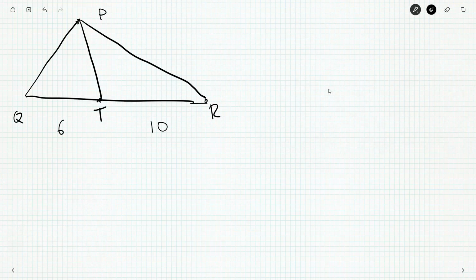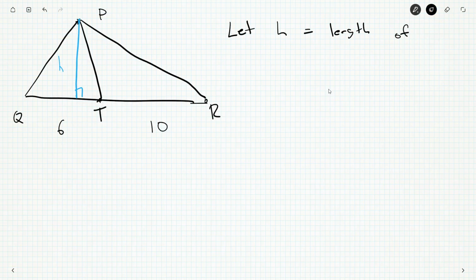It doesn't really matter what the height is, but we'll drop an altitude. Let h be the length of the altitude from P to QR.